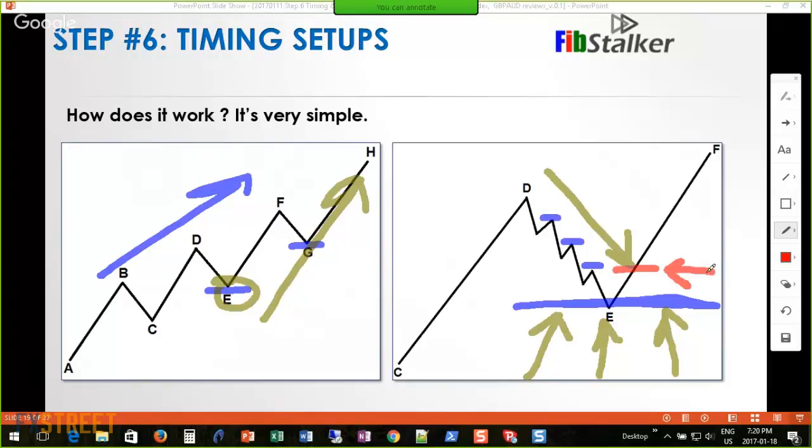The technique allows a clear identification of a confirmation level that we use to confirm that the participation from the larger time frame coming from algos or smart money at E is stronger than the participation of the shorts who want to keep shorting this market well below the E point. So it's kind of a balance of power here. There is a larger time frame coming in and a smaller time frame that keeps pushing this price lower in the counter trend move.